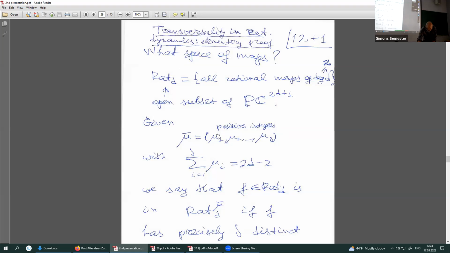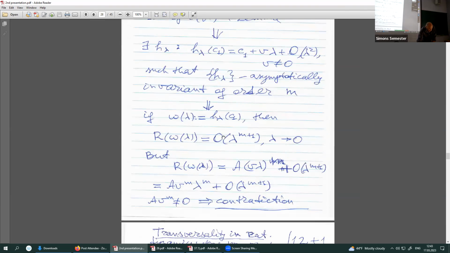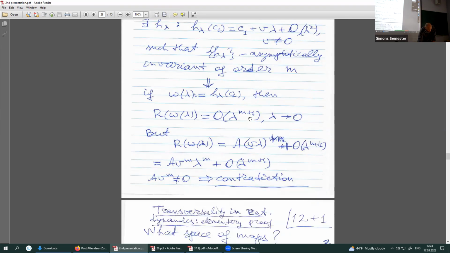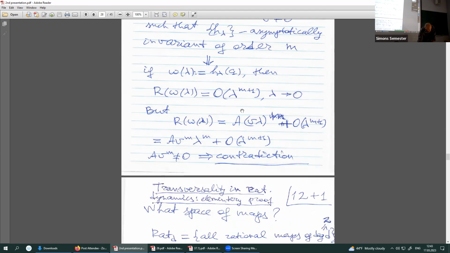So it means that omega of lambda is equal to C1 plus V lambda, where V is the first coordinate of the eigenvector corresponding to eigenvalue 1, so it is not 0. And then this is a contradiction. On the one hand, it has to be like this. On the other hand, it is like this, where this is non-zero. So this is a contradiction, okay?